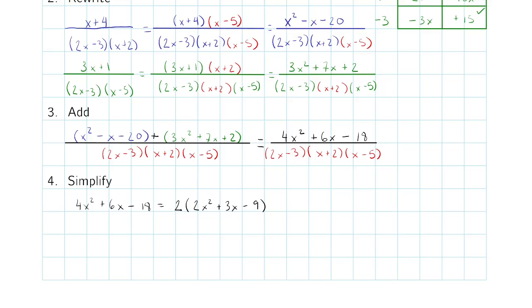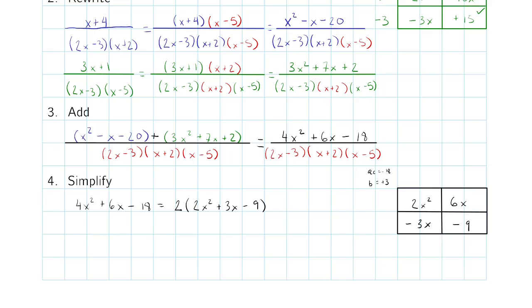Leading coefficient is not 1, so we want to use the AC method. So we'll have our 2x squared, our negative 9, AC is negative 18, B is positive 3. I think we want to split this as 6x minus 3x.